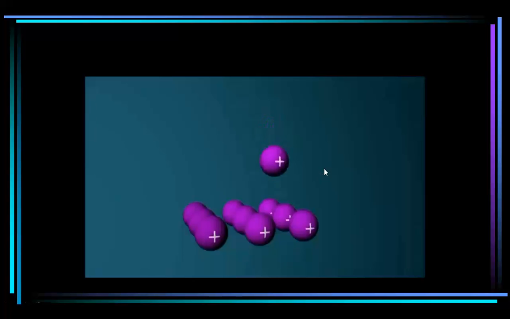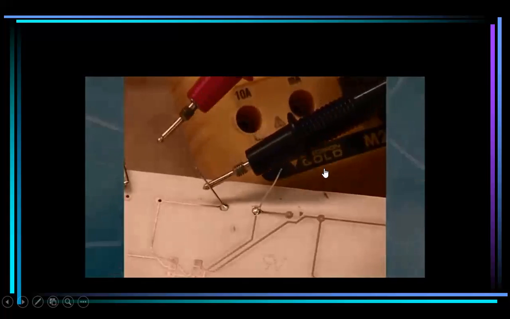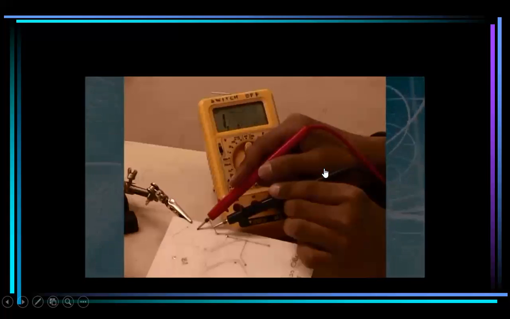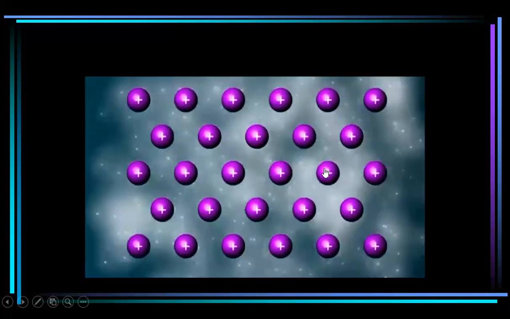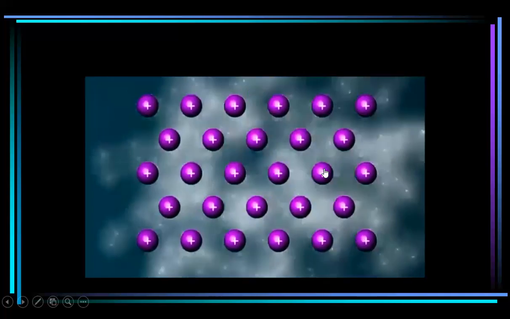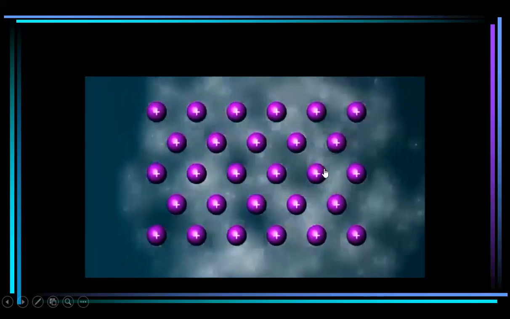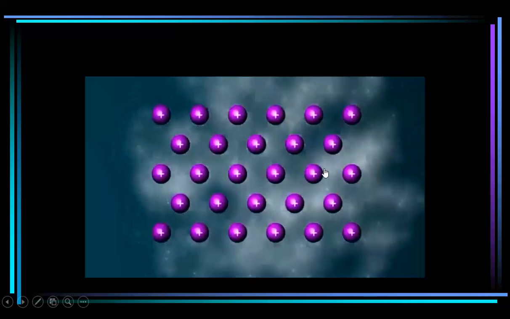Here's another way of looking at it. Though metal atoms group together in a crystalline lattice structure, they have very different properties to the ionic solids. For example, solid metals are able to conduct electricity. This is because the loosely held valence electrons of metal atoms are delocalized. They are not bound to one atom. Instead, they can move through the lattice in all directions.